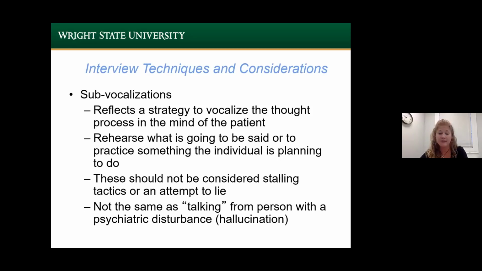If you're talking to your significant other, your partner, a sibling, a good friend, you probably will immediately respond, and there's not a lot of this subvocalization going on. But if you're talking to an unfamiliar person or an acquaintance, or if you're in a job interview, you're probably going to practice this quickly before you respond. And so those are subvocalizations, and it may take a longer period of time for an individual with ID.